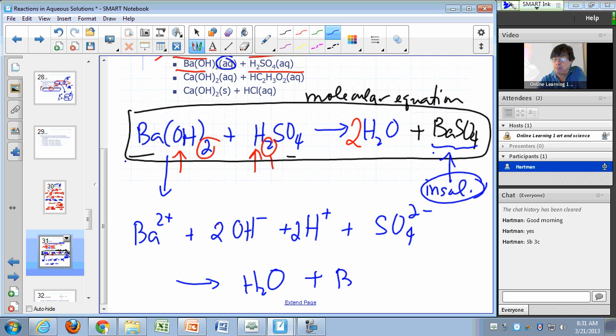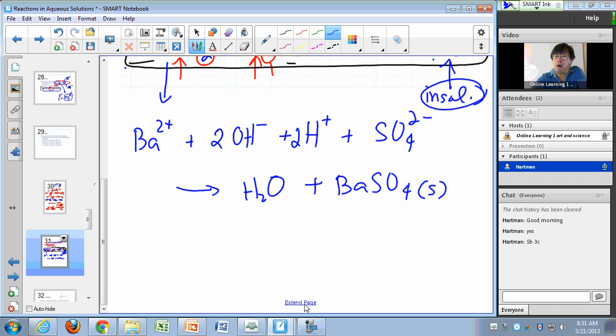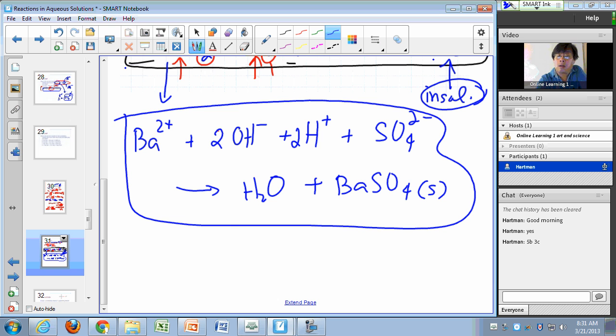So you're going to write BaSO4 solid. Okay? So this is what you would now call your ionic equation. And if you examine it closely, there are no spectator ions, so this is also your net ionic equation.